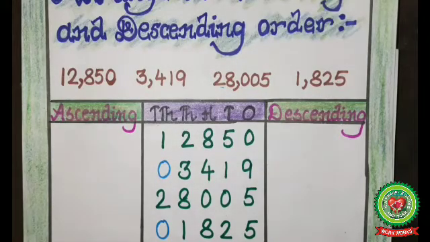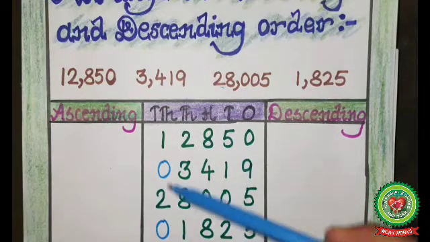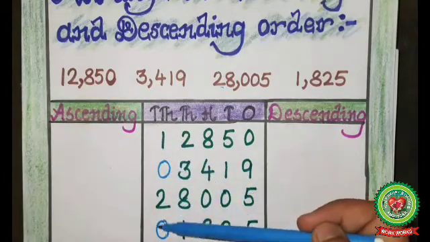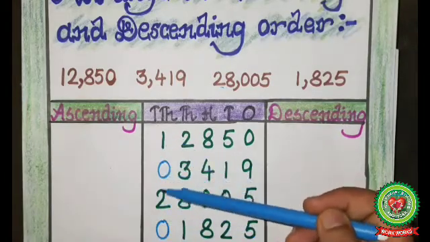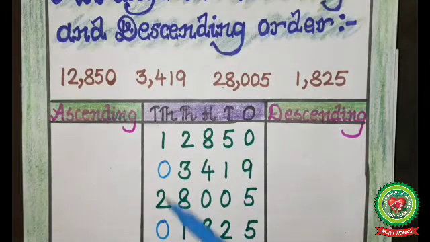Now students, very first step is compare the first digit of every number. Now which number is smallest? 1, 0, 2 and 0. Which number is smallest? Yes, 0. But there are zeros in two numbers. That means we can't compare these two numbers.